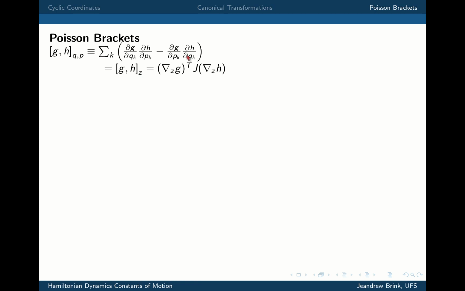If I now look at this definition, I can write it simply as the gradient of G, transpose, multiplied by J times the gradient of H with respect to Z. And you can verify on your own that if you were to write this whole thing out, you would get exactly that definition.